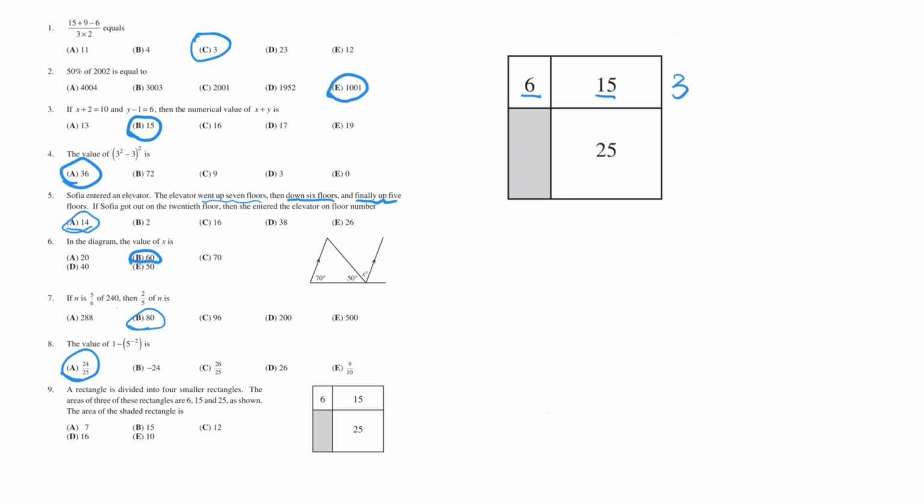So this width will be 3. 15 is 3 times 5, and 6 is 3 times 2. Now we get the 5 here, and here is 5 too. Now we have 5 and 2 for the shaded area. 5 times 2 is 10. So the answer of problem 9 is E.